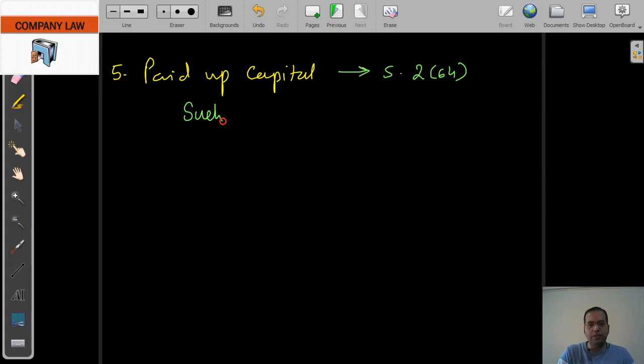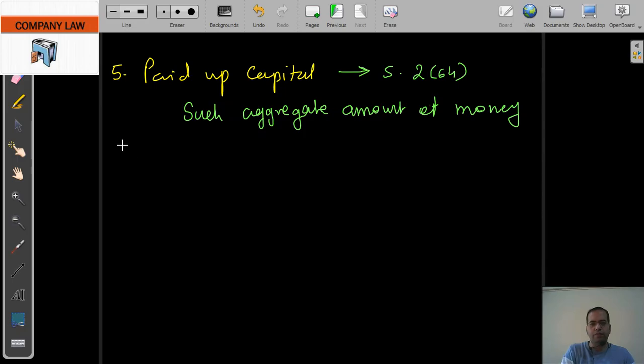It is such aggregate amount of money credited as paid up.